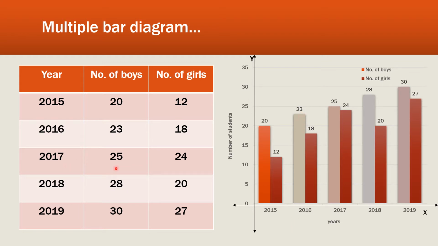For the year 2017, 25 and 24 are plotted in the next two bars, which show the number of boys and then the number of girls. So on and so forth for the years 2018 and 19. I'd like to remind you again, get in the habit of labelling your x and your y-axis. Once you label them, then the diagram will make sense.